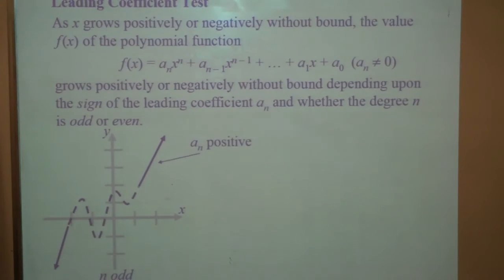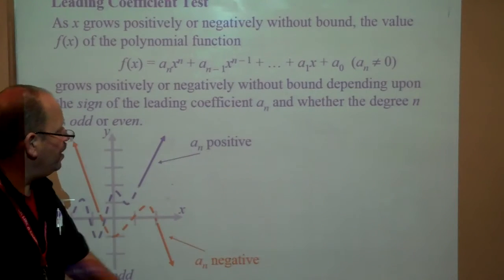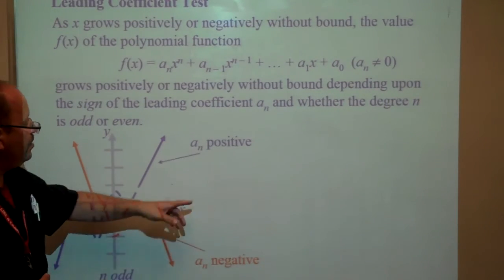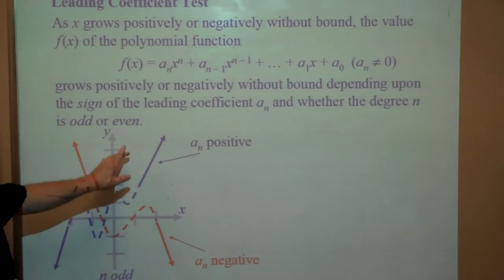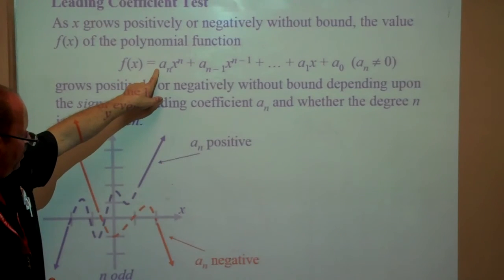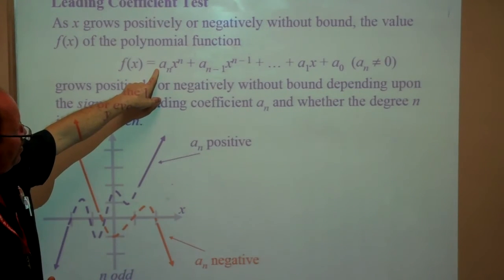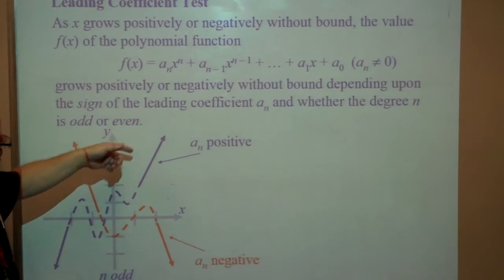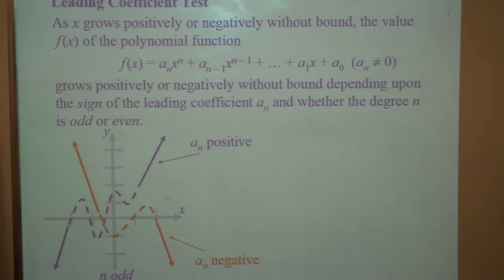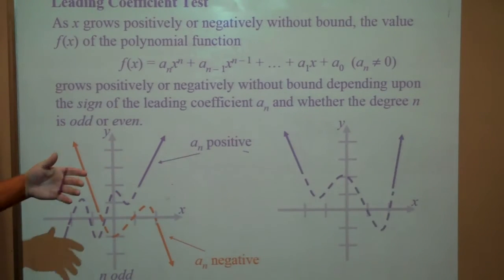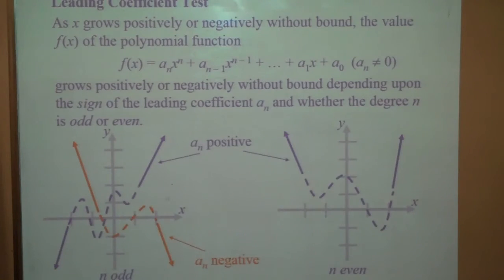Look, here's the graph. N odd. A sub n negative. A sub n positive. Remember, if that first term's sign switches, we do a reflection across the axis, and we see that it changes again with the even functions.